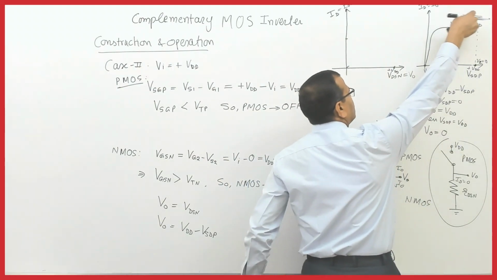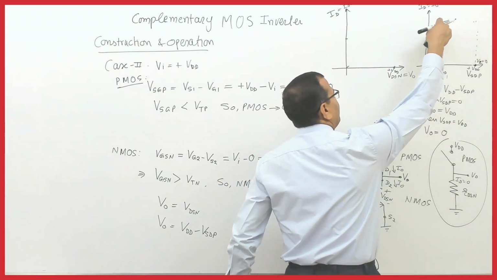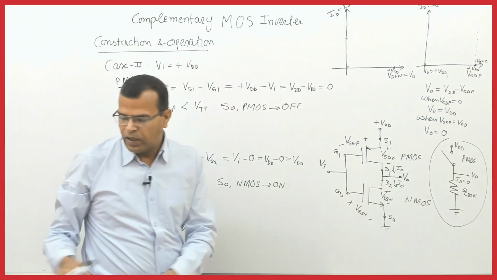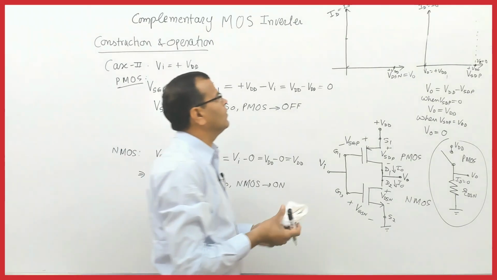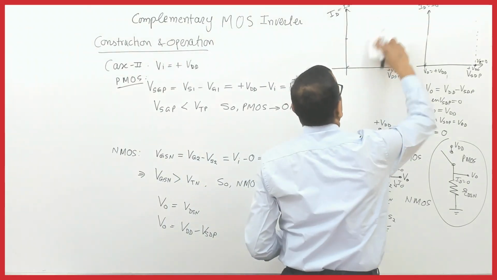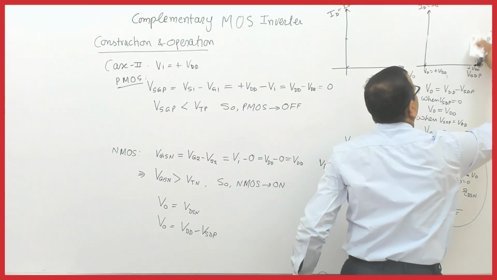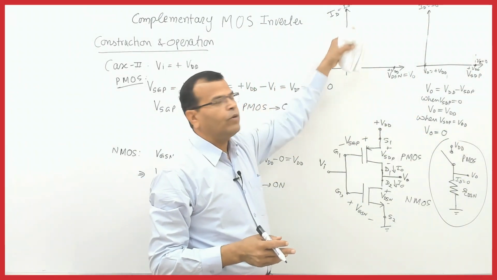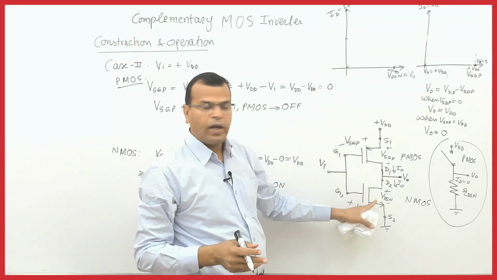So this was the characteristic of PMOS. Now, let us see the characteristic. In case this is VDSN, V0, ID equal to I0. This is for NMOS.